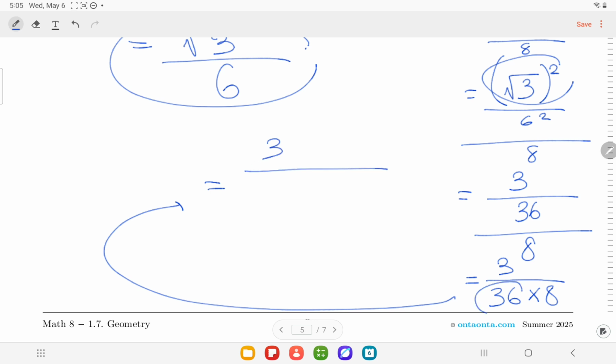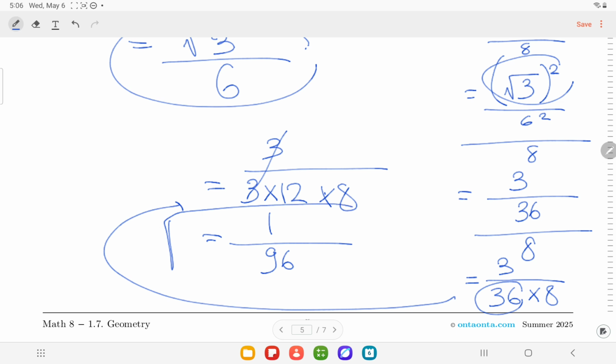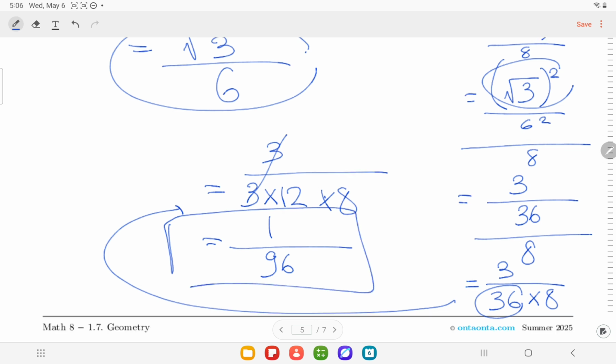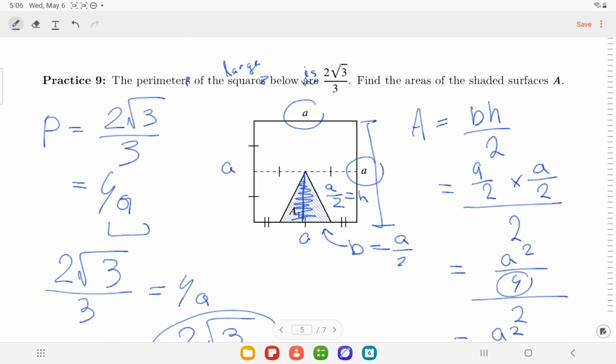So if we break 36 down into its factors, we will get 3 times 12, and then the 8 stays. So the 3's will cancel out. So we'll end up with 1 over 96 as our answer. And that will be our area of this shaded region.